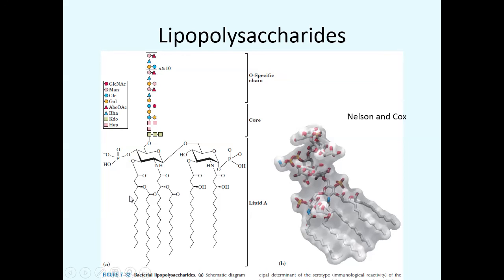This figure shows the structure of lipopolysaccharide. These are the fatty acyl chains corresponding to the lipid part of the molecule. And here the carbohydrate part of the molecule is shown. Lipopolysaccharides are important as recognition markers and antigens.